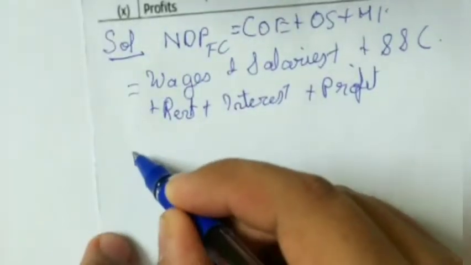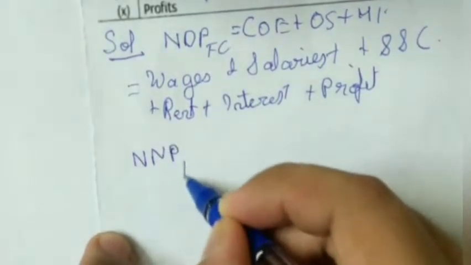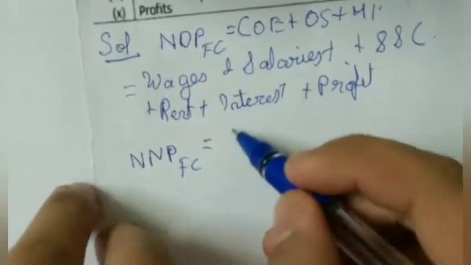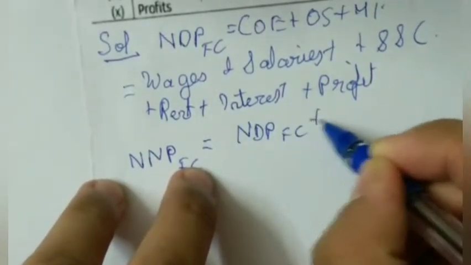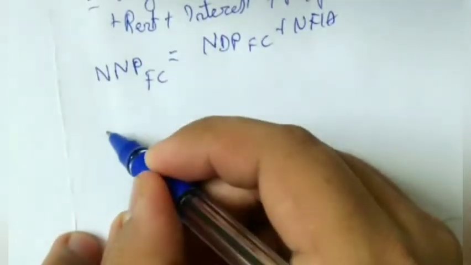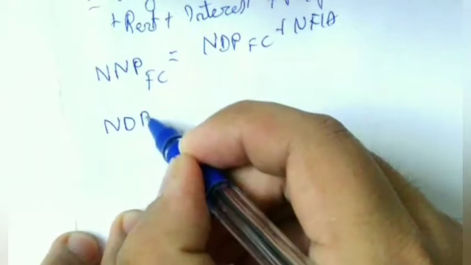And what we have to calculate is national income. So NNPFC will be equal to NDPFC plus NFIA. So first of all, let us calculate NDPFC.